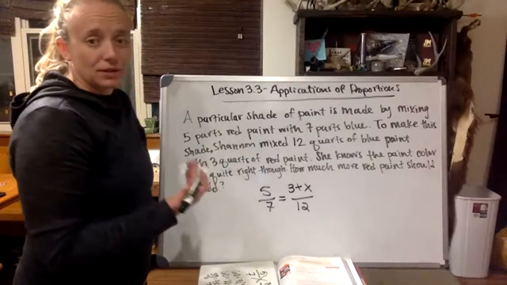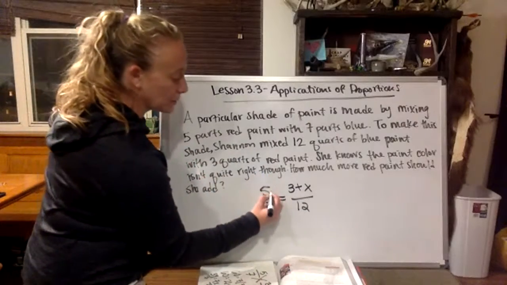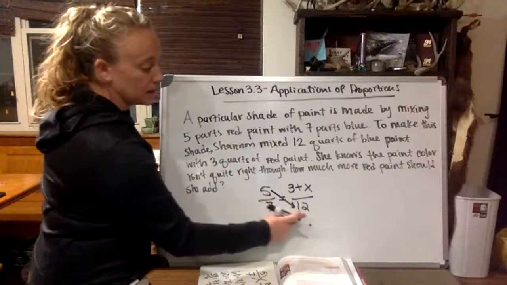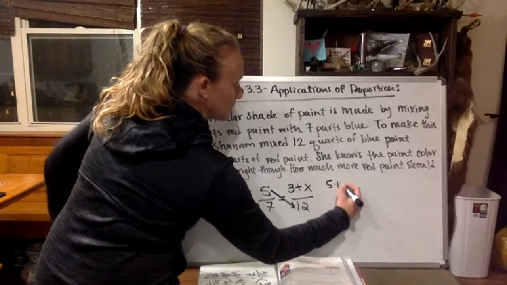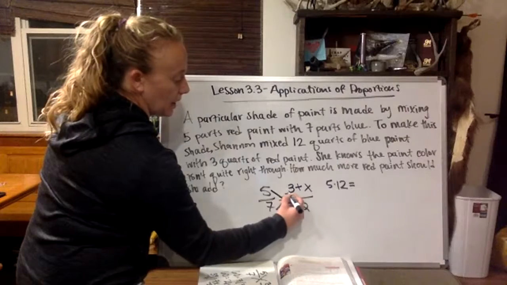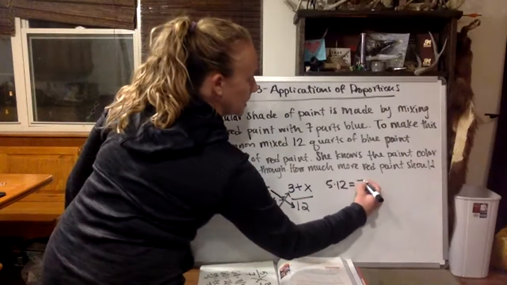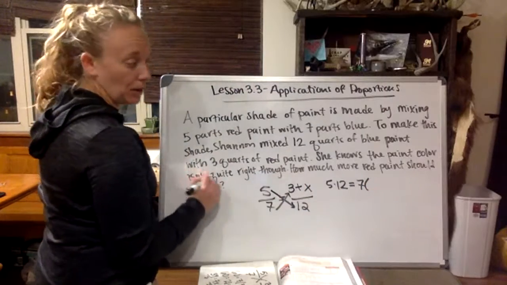From here, we can actually solve this proportion, right? We can do our cross product property. It tells us that I can multiply the numerator of one by the denominator of the other. So I get 5 times 12 is equal to 7 times, and I want to make sure I get all of this, 3 plus x.